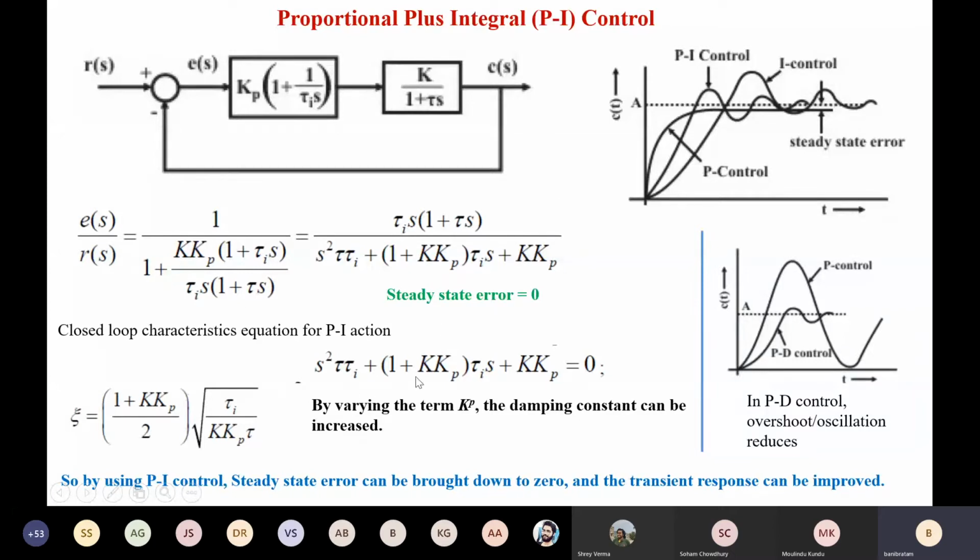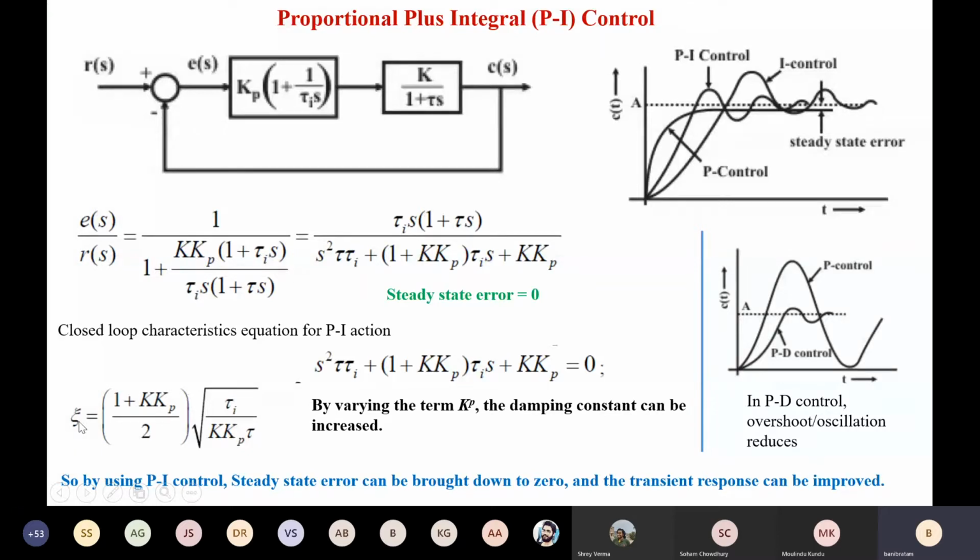So from this, if you derive, it is expressed in the form S square plus 2 zeta omega n S plus omega n square. Here, if you calculate the zeta value, the expression of zeta will look like this. And you can see that by changing this Kp factor or this tau I factor, by changing the Kp and tau I values, you can change the value of zeta.